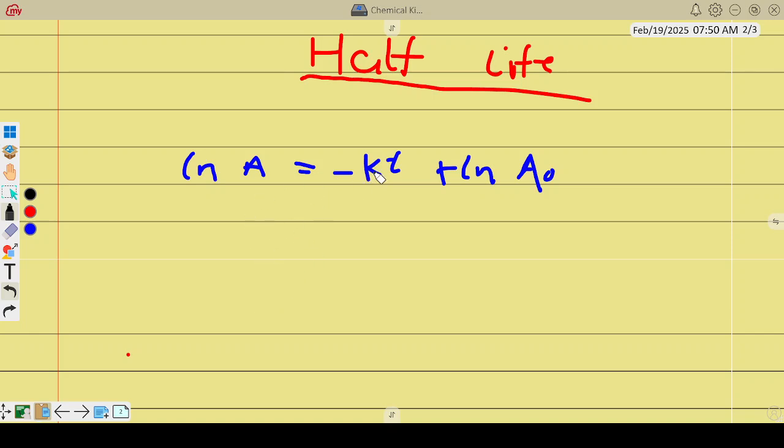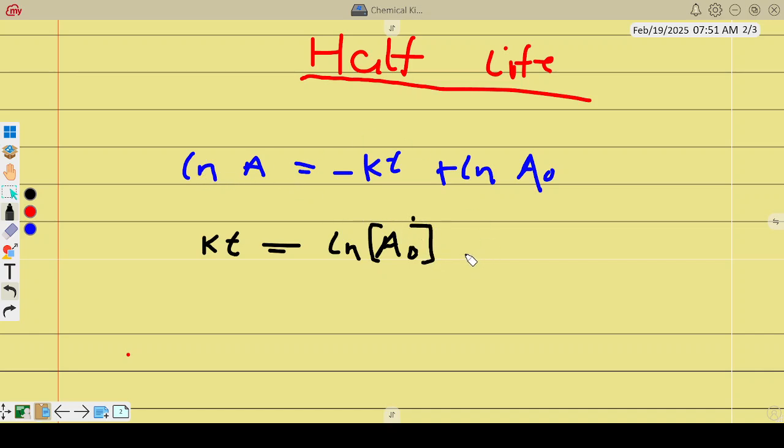What are we going to do? So let's make T the subject of the formula. Shall we do that? Okay. So we're going to say this part will go to the other side. So we're going to have kt is equal to ln A naught, we can be putting the brackets ln A naught.